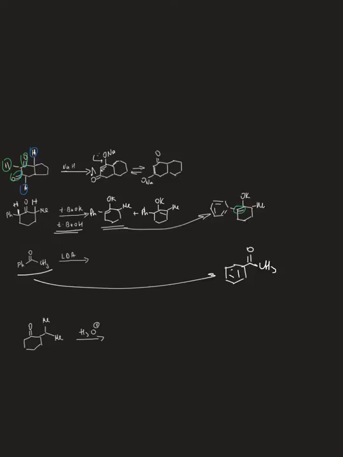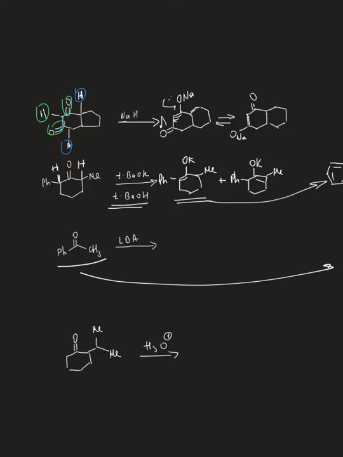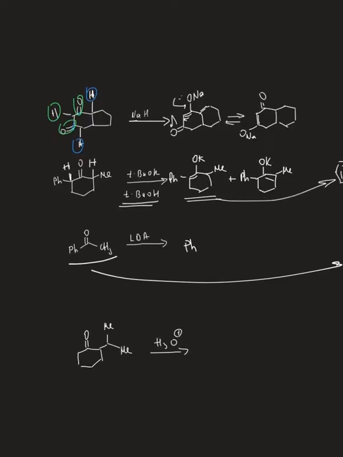There are no hydrogens on this side, so you'll only have hydrogens on the other side, and you're using LDA, so that will simply give the corresponding enolate. So you will have phenyl, and the lithium, CH2 here.